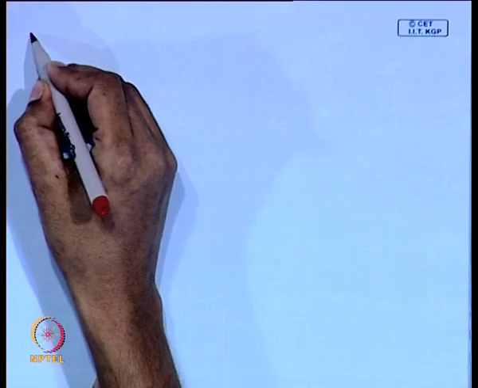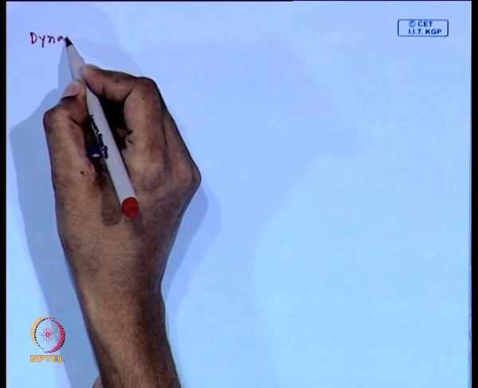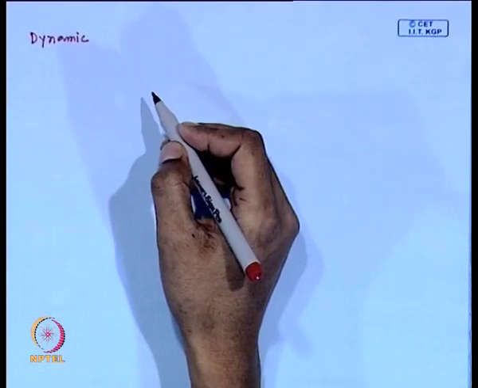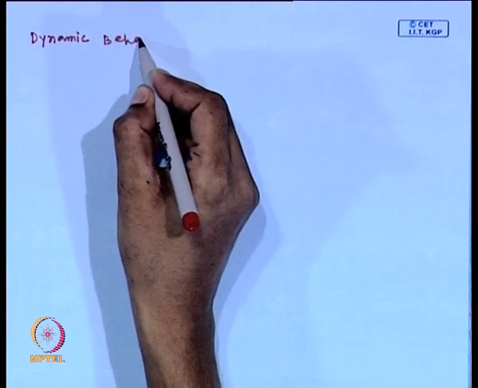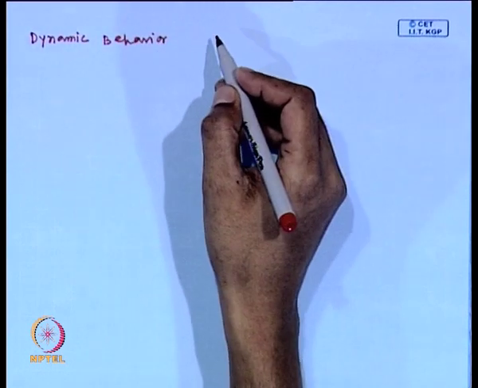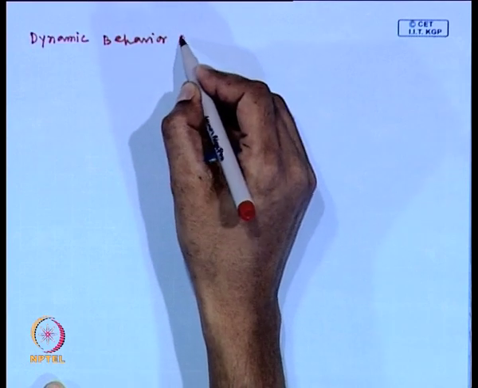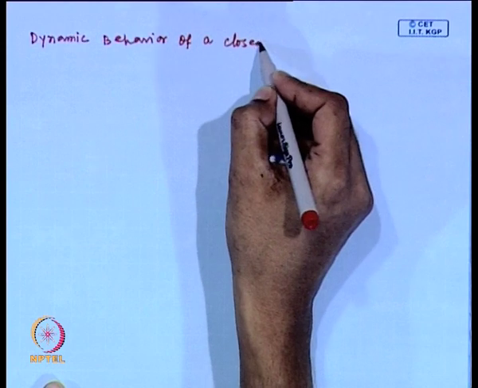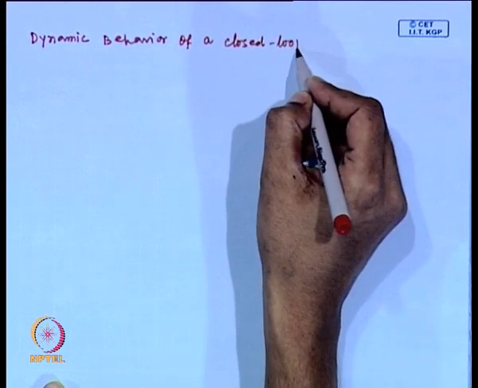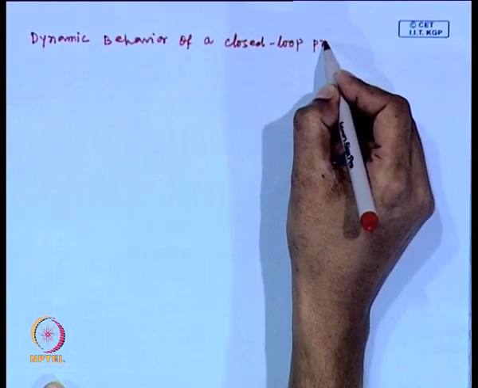So, today we will start with the dynamic behavior of a closed loop process.